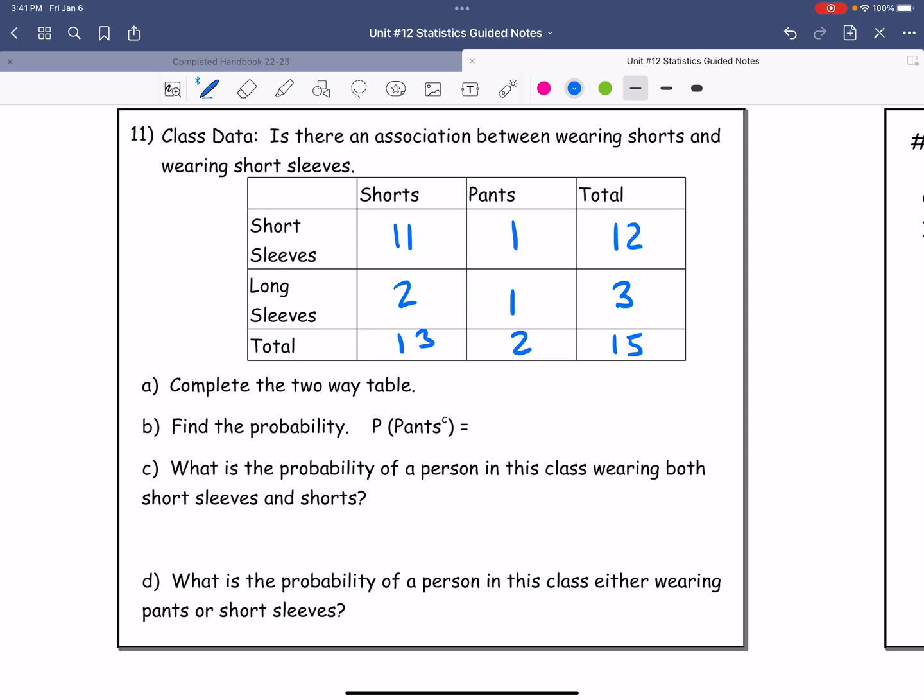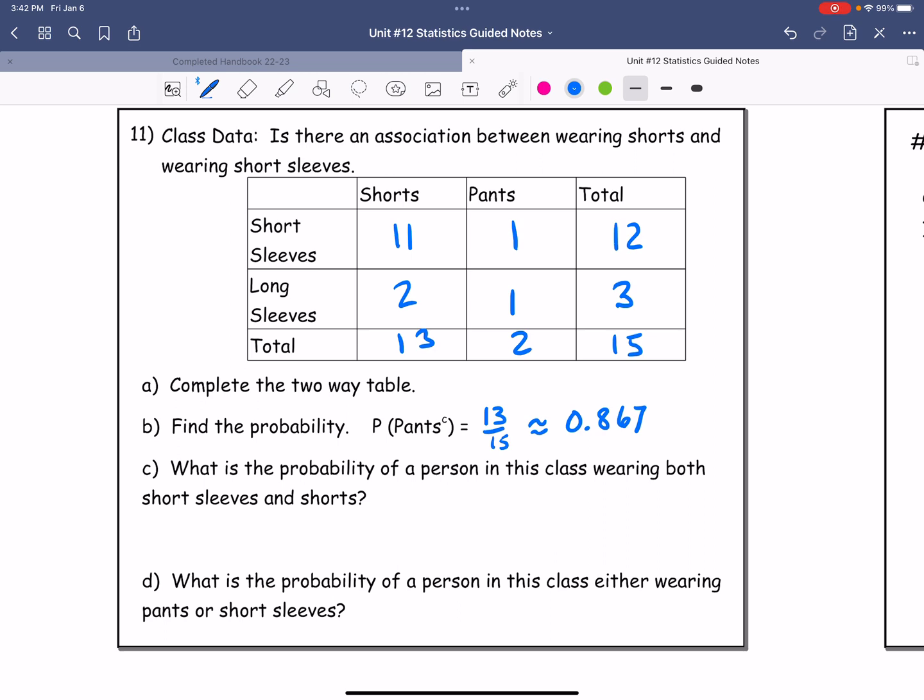Find the probability of not pants. This is called the complement of having pants, which is not pants, and that would be shorts. So that's 13 out of 15, which is approximately 0.867.